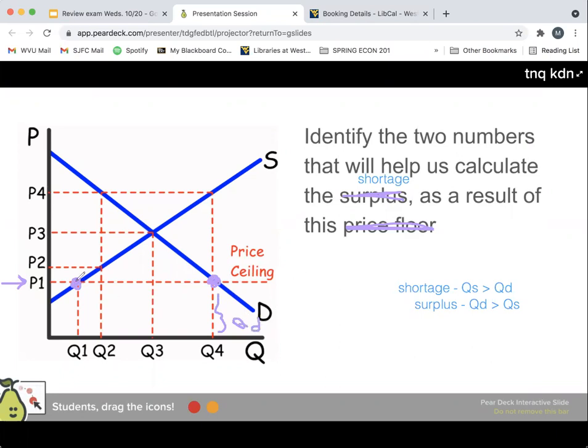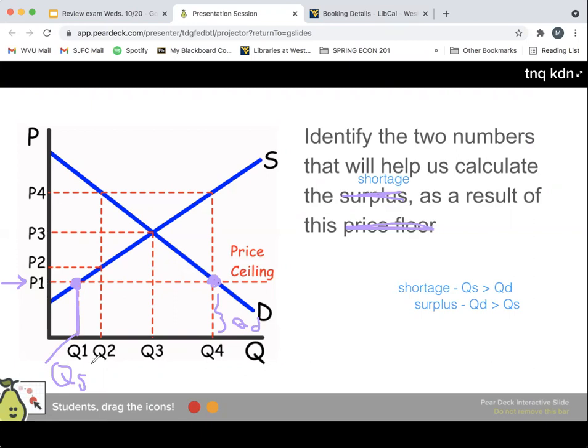You can read that. And this right here, this Q1, is going to tell us our quantity supplied. We know that because, going across from left to right, where this price ceiling hits the supply curve, we go down, that's our quantity supplied. Once again, when that price ceiling hits the demand curve, we find our quantity demanded from that.